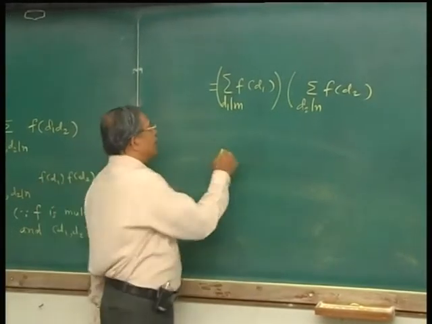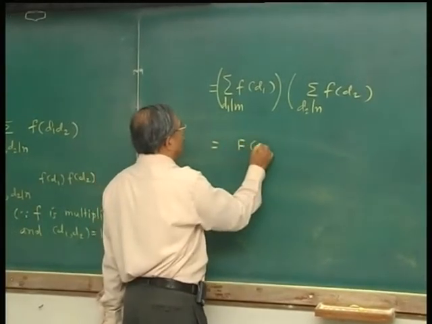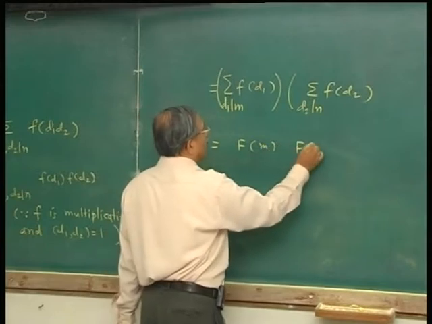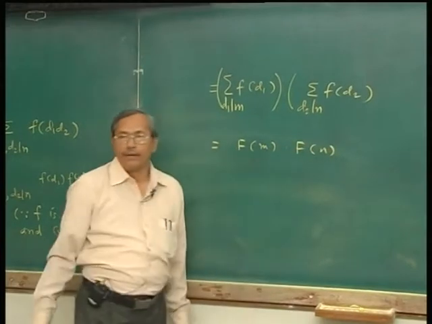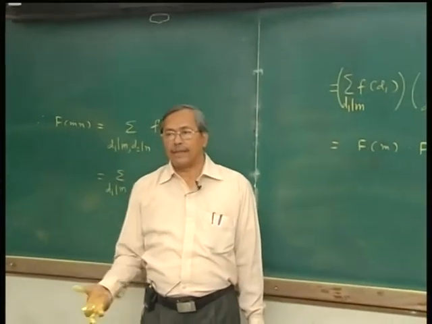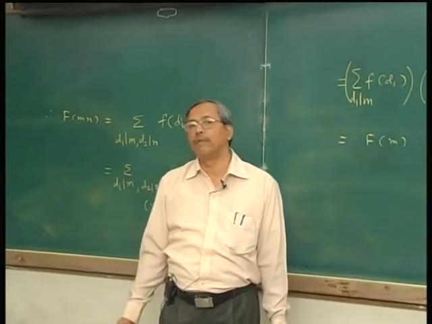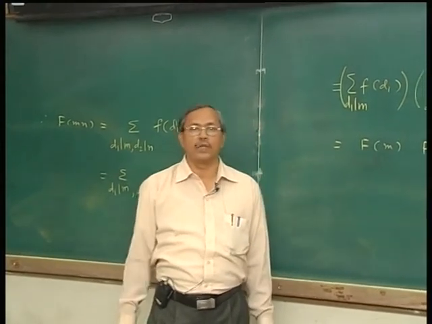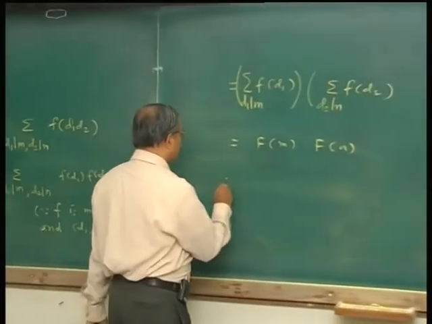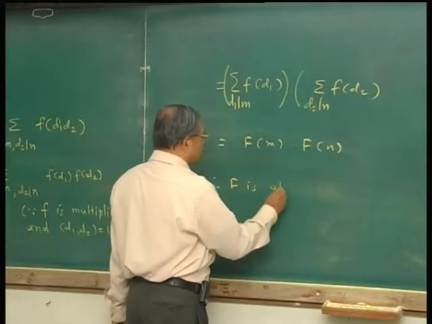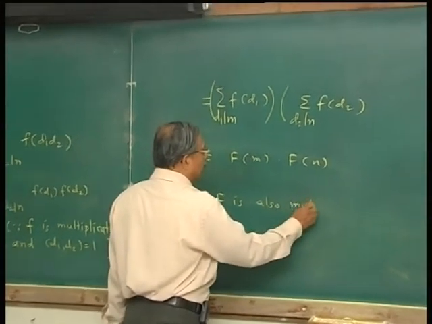And this is nothing but capital F(m) into capital F(n). Here m and n are coprime, F(mn) equals F(m) into F(n). That shows that capital F is also multiplicative.